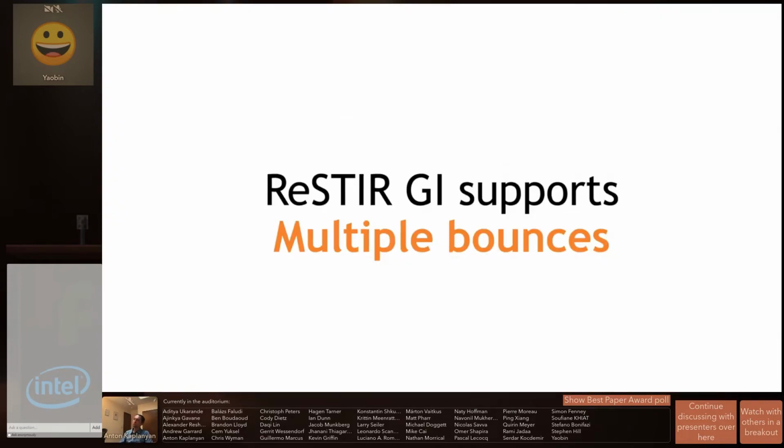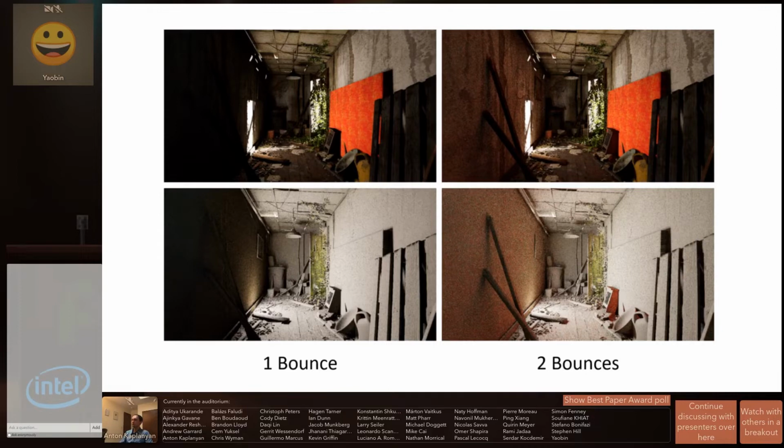ReSTIR GI supports multiple bounces. Let's check the results. The first row is the final image, while the second row shows indirect illumination only, which makes it easier to check the difference.